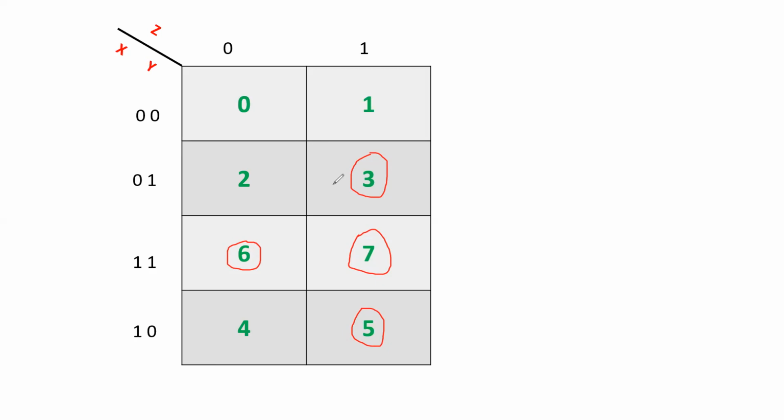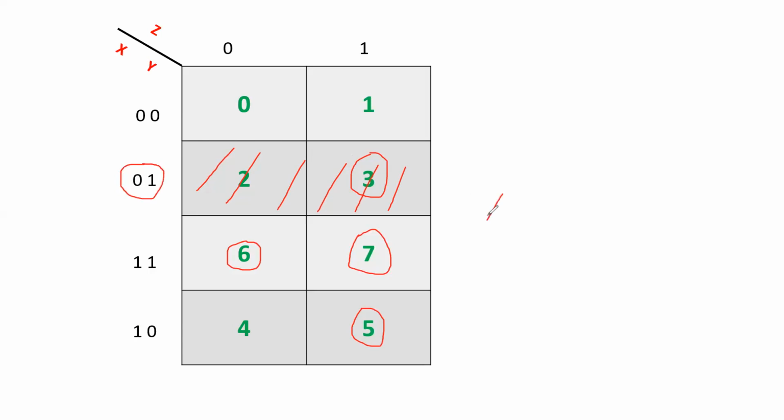So for the first part, when we are having the value of 3 as the min term, we will consider this part of the Karnaugh map, and here the values of X and Y are 0 and 1.